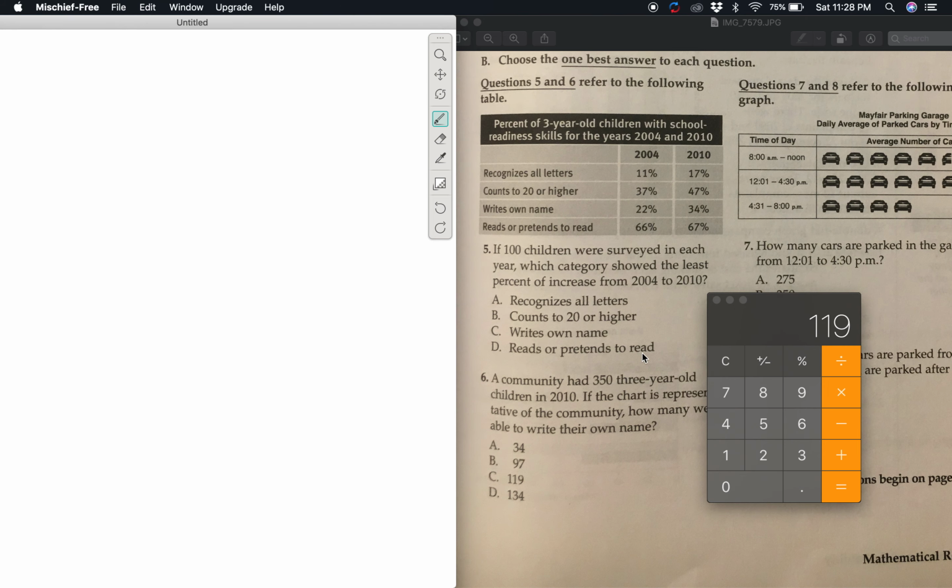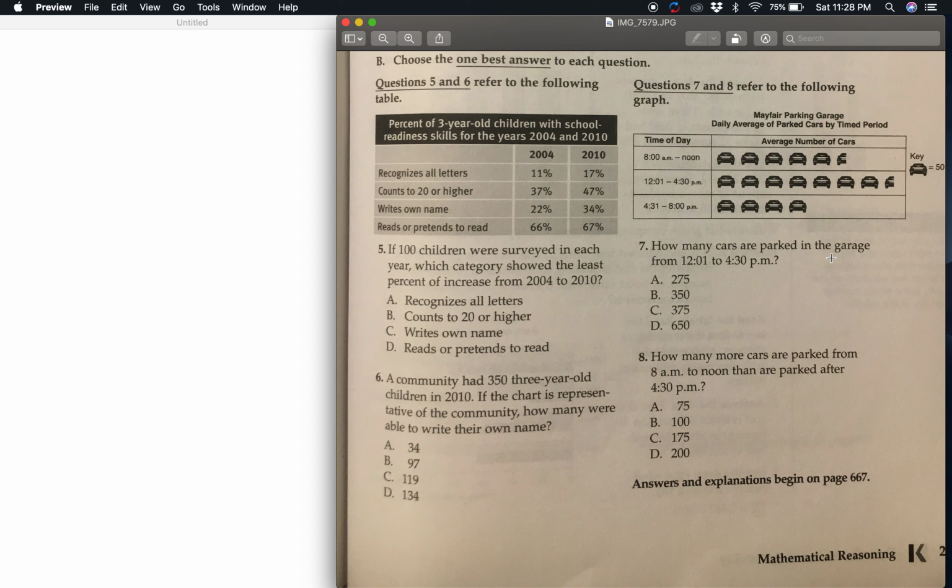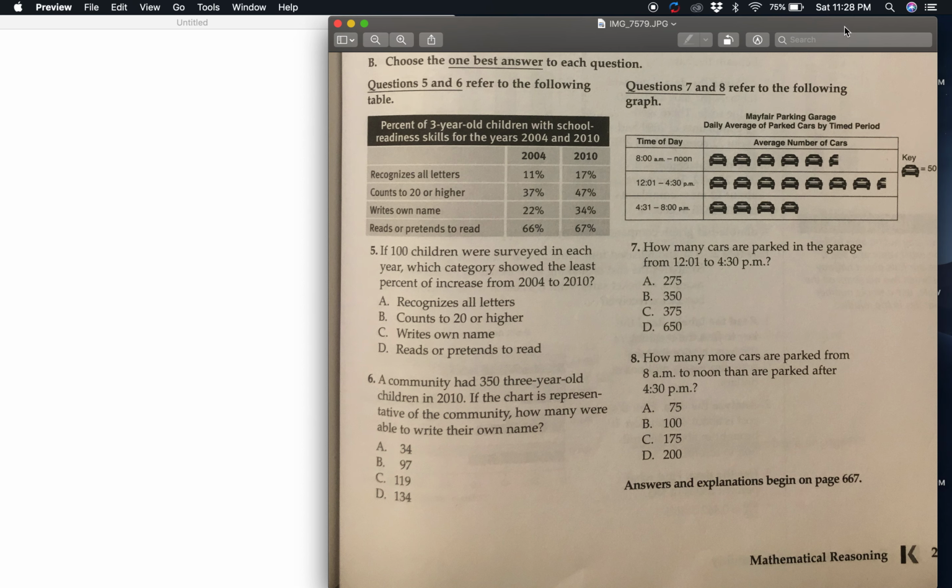Now we are at number 7. How many cars are parked in the garage from 12:01 to 4:30 p.m.? As we see here, the key shows that a car equals 50. So 1, 2, 3, 4, 5, 6, 7 and a half.